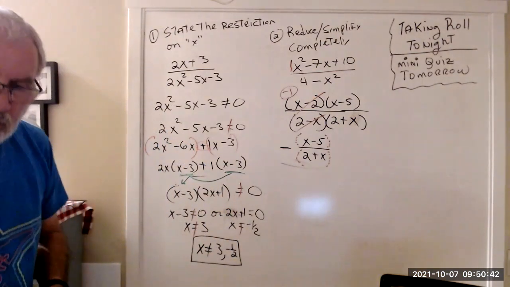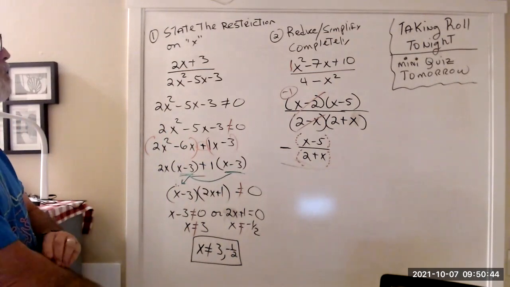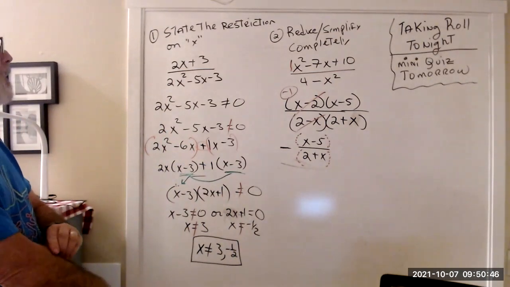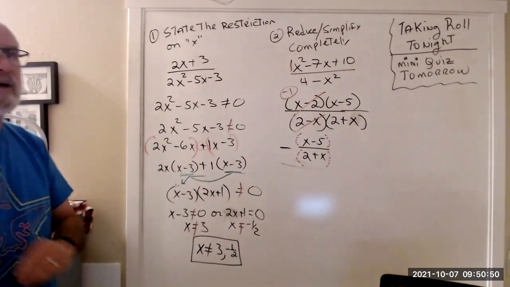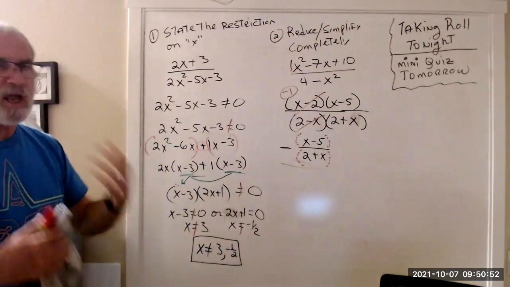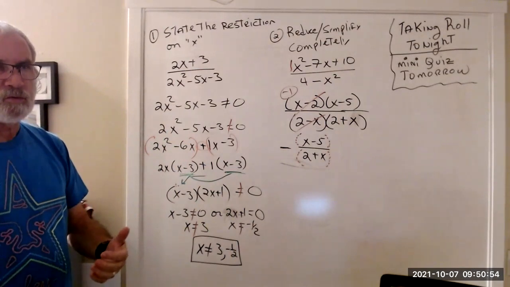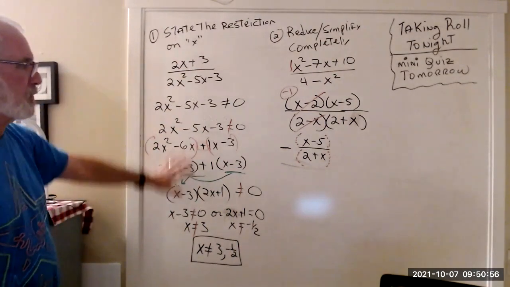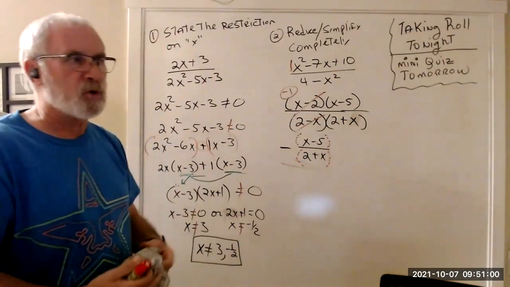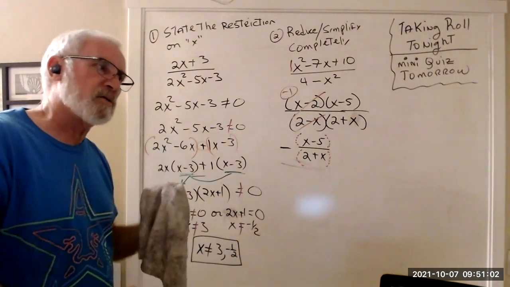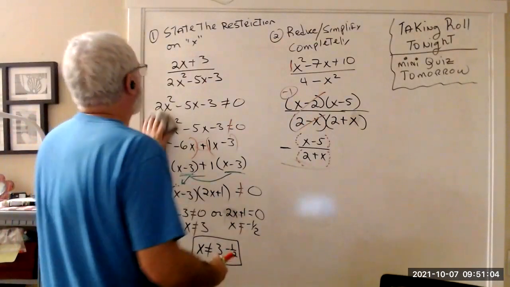Okay, then I need to erase this. And the next thing we talked about was multiplication and division. Okay, this is restrictions, this is reducing. But then the next topic was multiply and divide. Okay, so I need to erase.